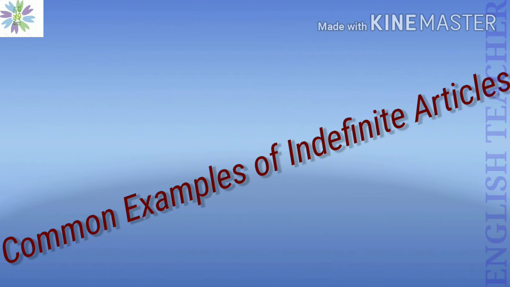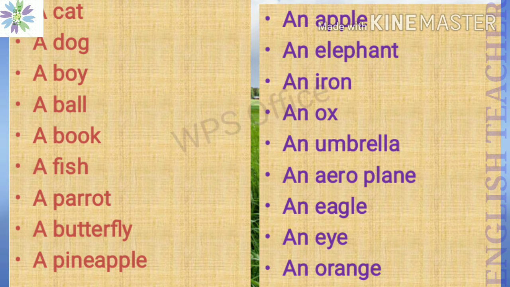Some common examples of indefinite articles are a cat, a dog, a boy, a ball, a book, a fish, a parrot, a butterfly, a pineapple, an apple, an elephant, an iron, an ox, an umbrella, an aeroplane, an eagle, an eye, an orange.